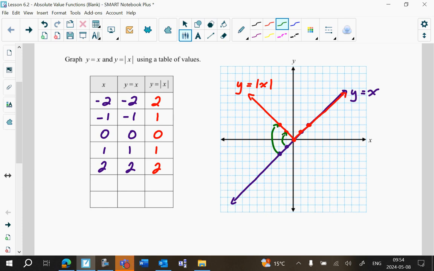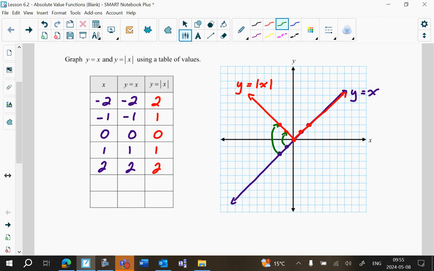So basically, what's the difference between these two graphs? Well, if you look at the purple one, and if you're going to graph its absolute value, anything that's below the x-axis flips above the x-axis. Okay?